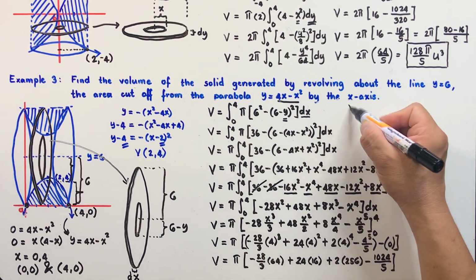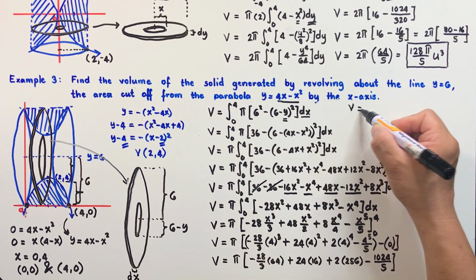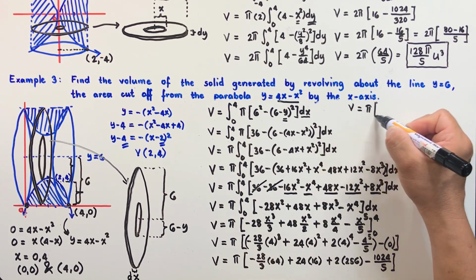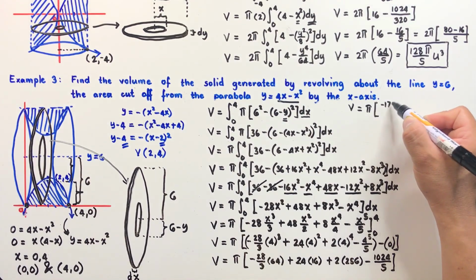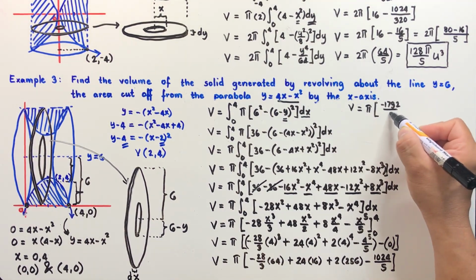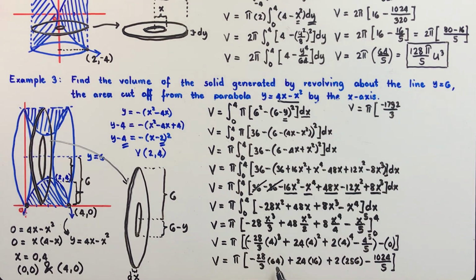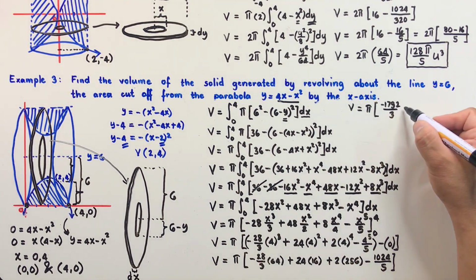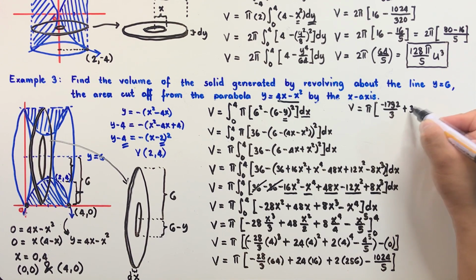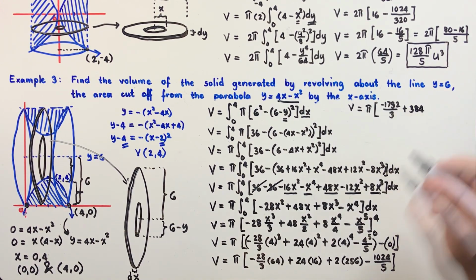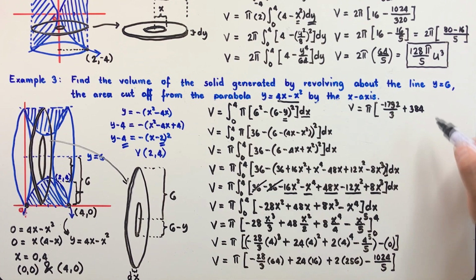So our volume is equal to pi times negative 1792 over 3 when you multiply this 28 and 64, and then this will be added to 384, which is the product of 24 and 16, plus 512, which is the product of 2 and 256, minus 1024 over 5 here.